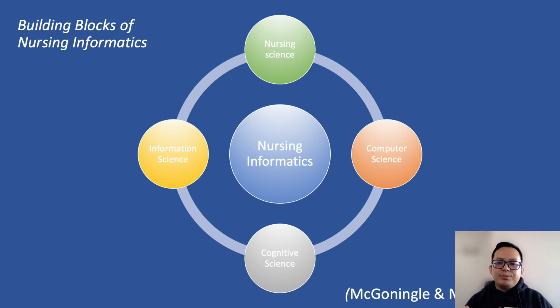Remember input, process, output, and feedback? I think you know that in your high school, right? So this is the process that we use in a computer. So when you touch or key in or encode in the keyboard something, that's input, and then the computer will process it, and then gives you an output.